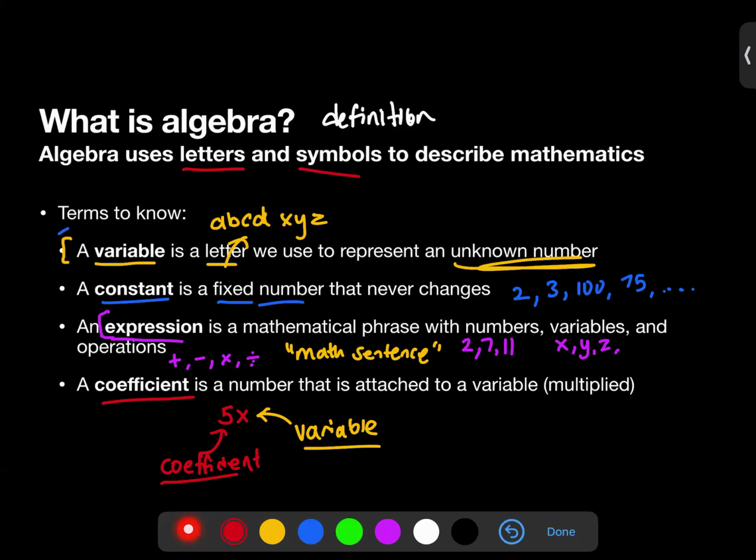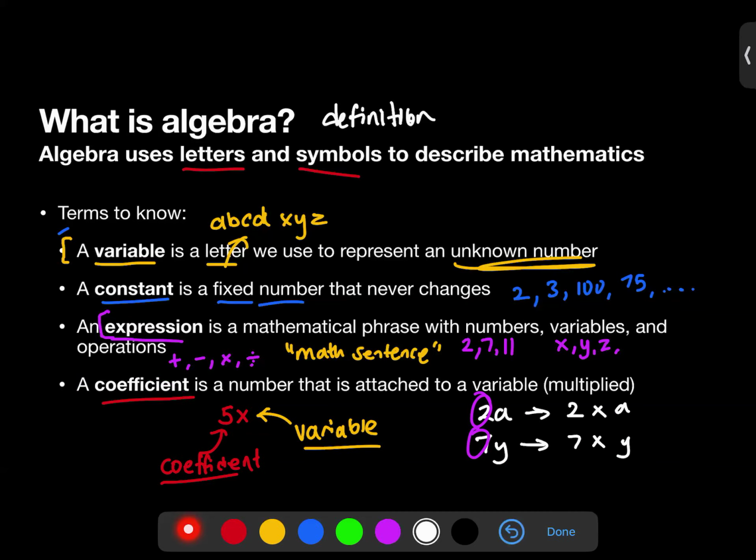If we have something like this, 5x, the coefficient is 5 and the variable is x. And this means that 5 is being multiplied to x. If we have 2a, it means 2 times a. If we have 7y, it means 7 times y. And both of these, 2 and 7, are coefficients.